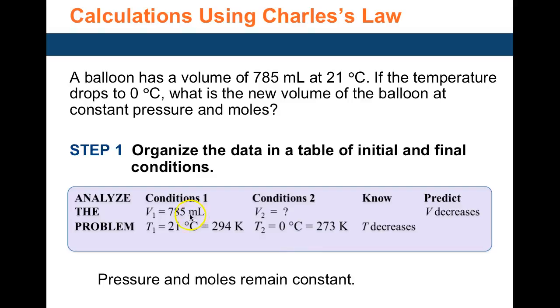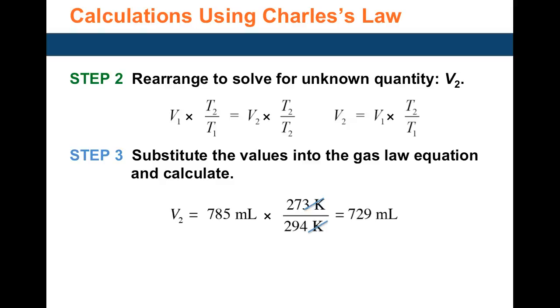So V1, 785 times 273, equals V2 times 294. So you're going to multiply 785 times 273 divided by 294, and you'll get 729 mL. So the temperature comes down, and so does the volume.